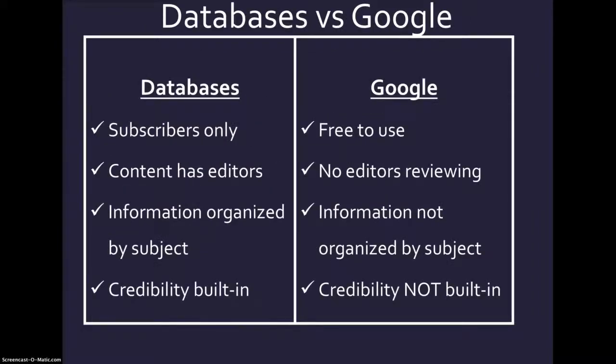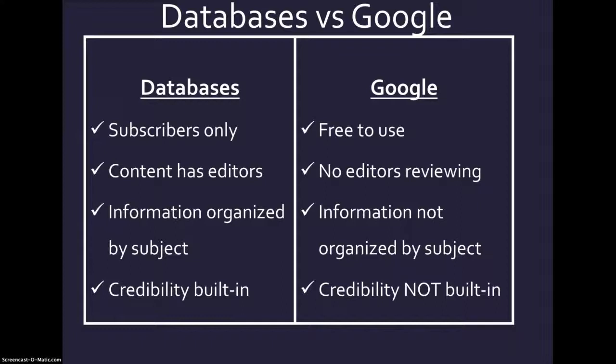Let's look at databases versus search engines such as Google, Bing, and Yahoo and see which one would be better for research. Databases are limited to subscribers only. The content has editors who verify the accuracy of the information, and the information is organized by subject. In other words, databases have credibility built in, and we do not need to apply the 4 CARP tests.